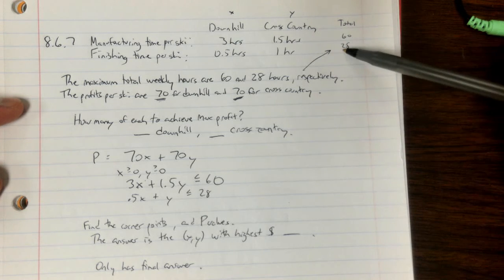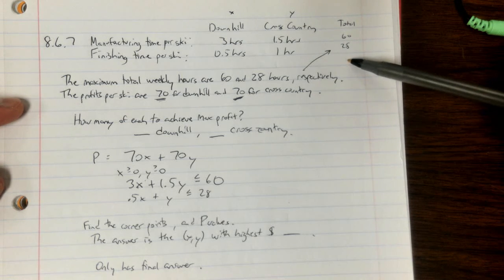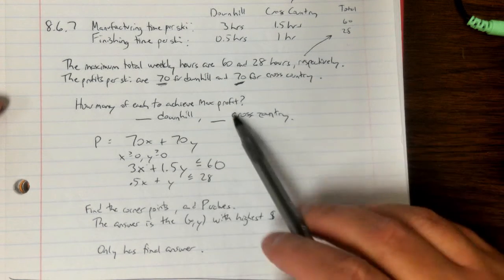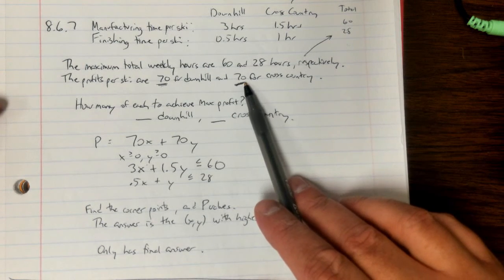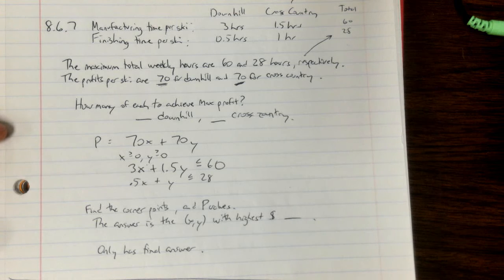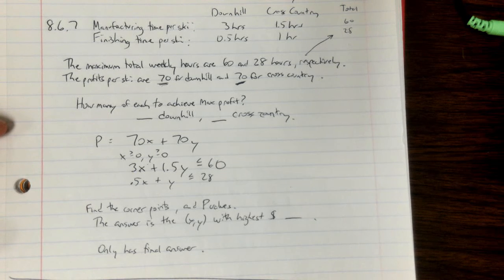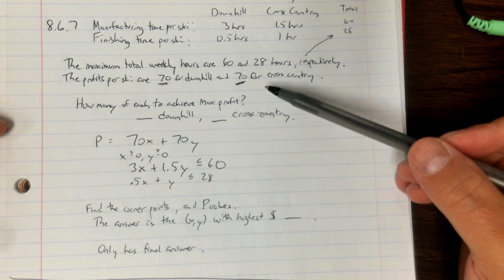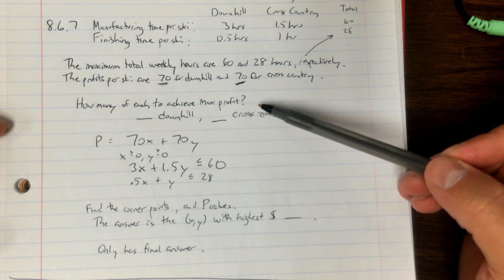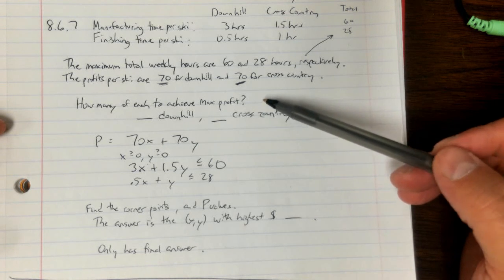And so that means these go together and these go together. Then your profit per ski is 70 for each for this one. When I recalculated it, sometimes it put 80. So just pay attention to your numbers. Then it says how many of each would it need to achieve maximum profit.